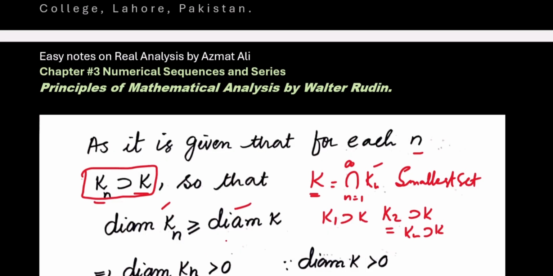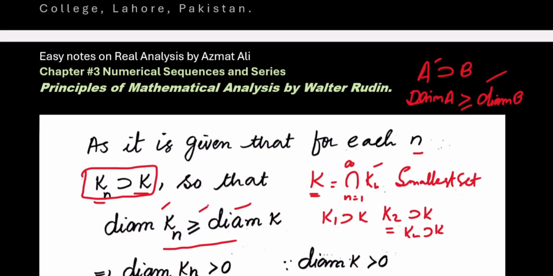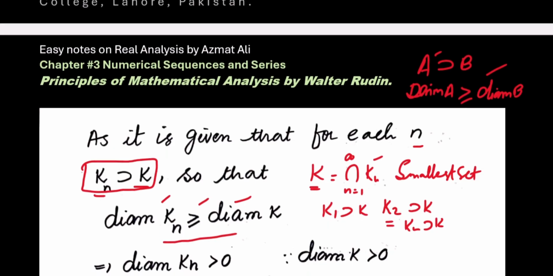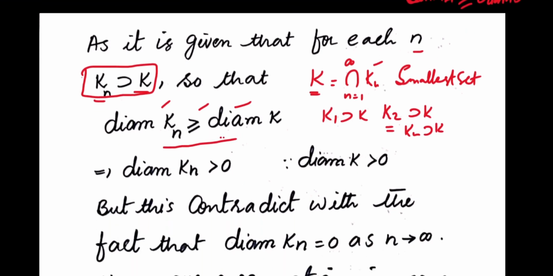In the last lecture, I discussed that if a set A is a superset of B, then diameter of A is always greater than or equal to diameter of B. So according to this result, if Kn is a superset of K, then diameter of Kn is greater than or equal to diameter of K. But diameter of K is positive.